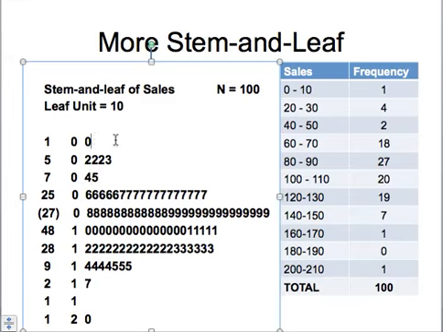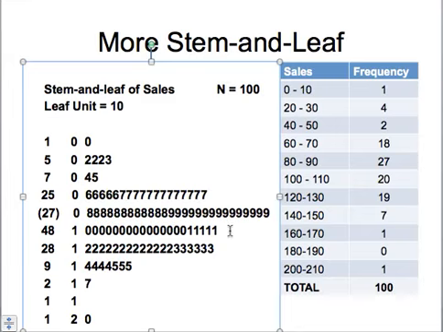Now in the first row, any number between 0 and 10 would be counted in that row. Then in the second row, 20 to 30 counted in that row. Third row, 40 to 50, 60 to 70 in the next row, 80 to 90. Notice there's a pattern.